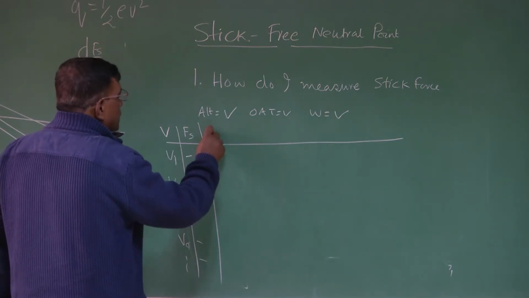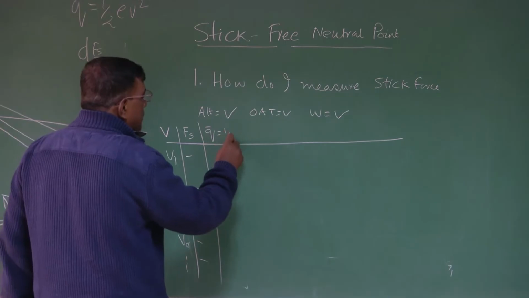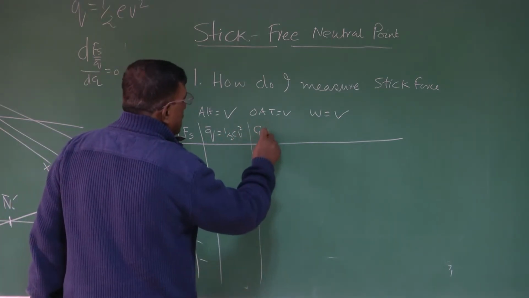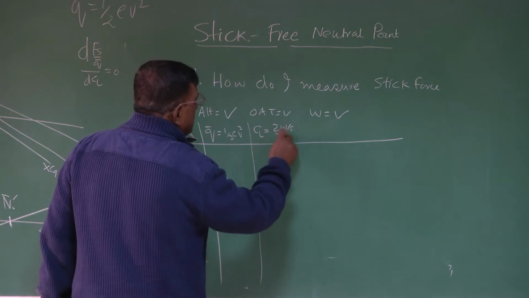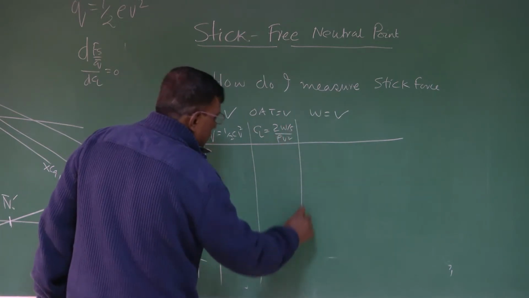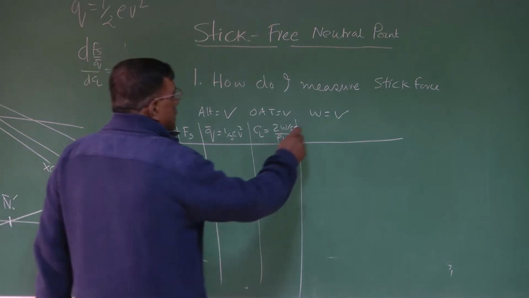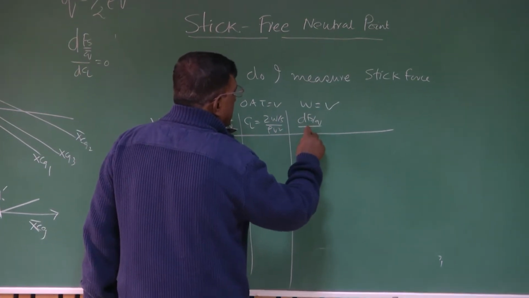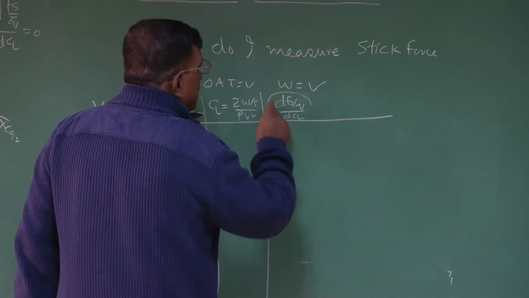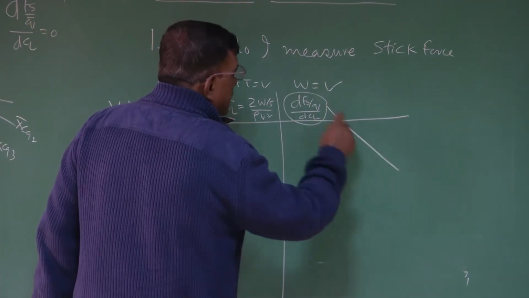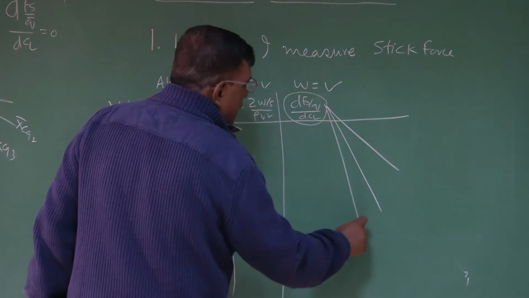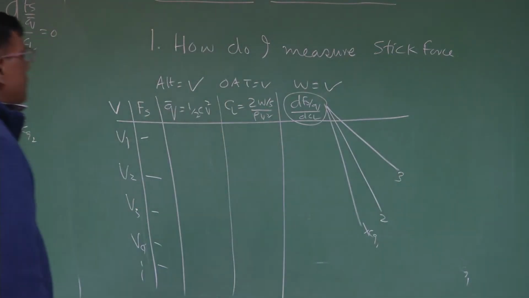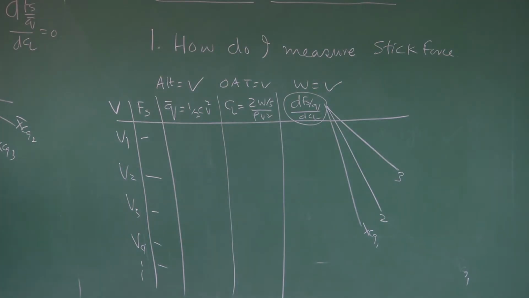You also find Q bar, which is equal to half rho V square. You calculate CL, 2W by S by rho V square. Then you find dFs by Q by dCL, and this should be for different CG locations, right? XCG1, 2, 3, cross plot, you will get these values.